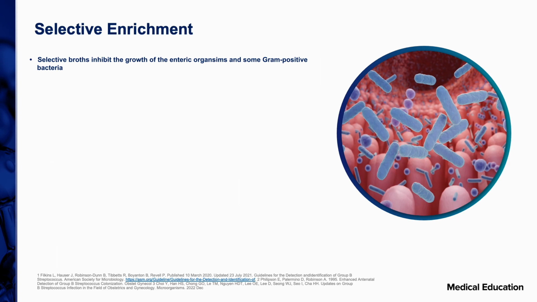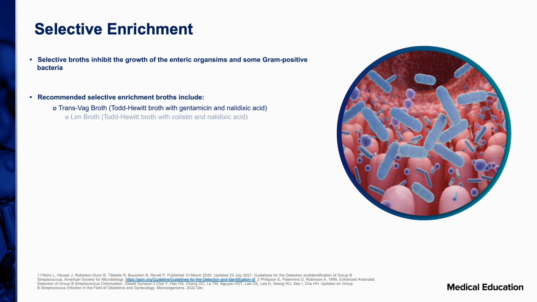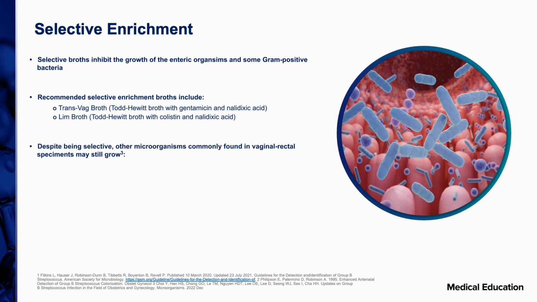And some of the recommended enrichment broths include the transvag broth, which is Todd Hewitt broth with gentamicin and nalidixic acid, again, to knock down that bacterial overgrowth. And very similarly, LIM broth, which is Todd Hewitt broth with colistin and nalidixic acid. And even though it's selective, other organisms are found in these specimens and can still grow in this enrichment media.